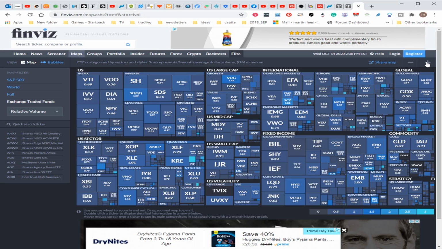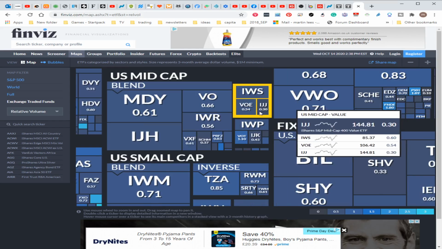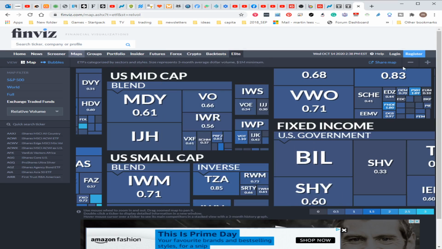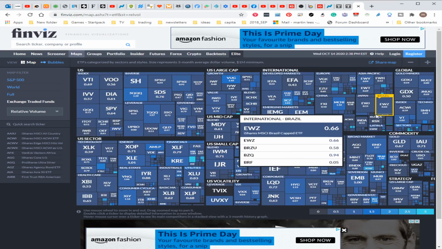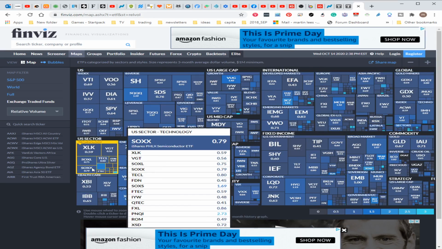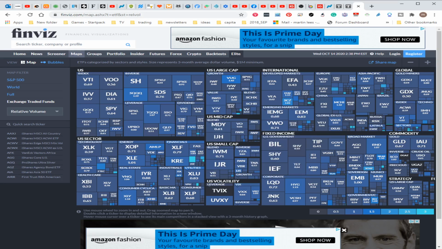The other thing is that some of these are quite difficult to look at because they're quite small, so you can actually drill in and drill out. A fantastic product to actually look at the short, medium and long term to identify some things to be looking at. It's pretty fantastic.